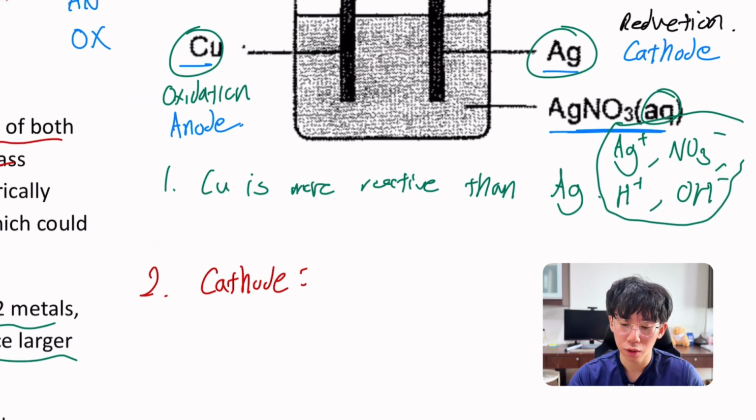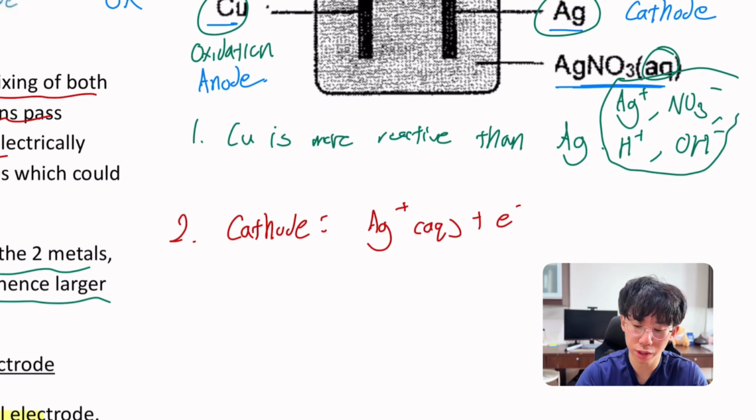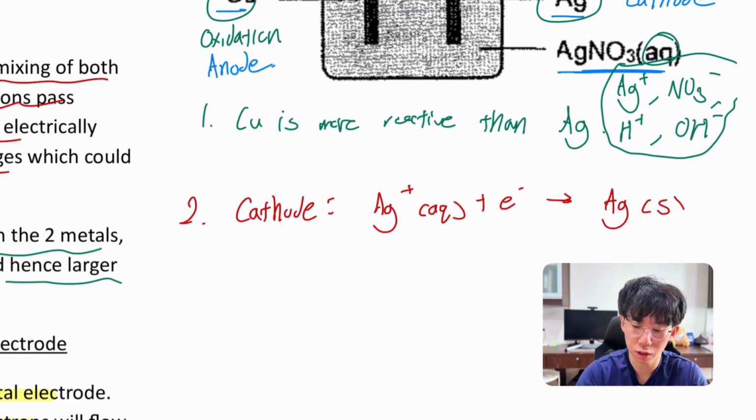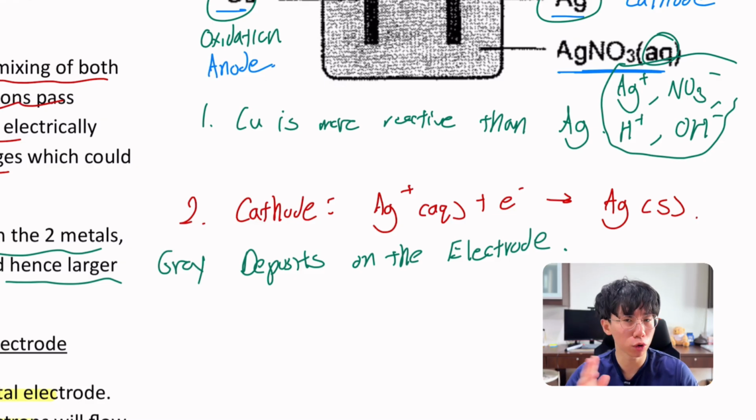So silver plus will win, and Ag plus would in the end be the one that reduces to your silver solid. So in terms of observations, you can see that there will be deposits, well, specifically grey deposits on the electrode. This is the observation that you have to note. So do take note that most of your observations come from the underlying reaction. So if you know the reaction, it's very easy to tell the observation.